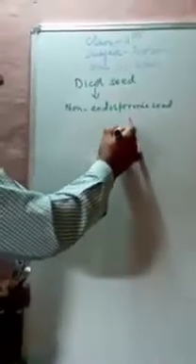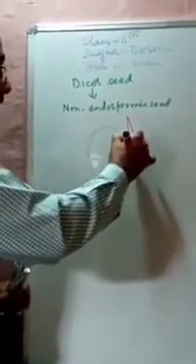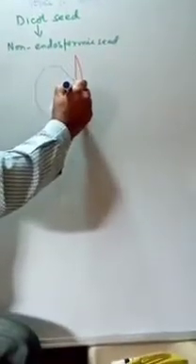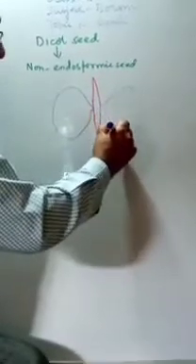Now, what we will see are the two cotyledons, which are somewhat spherical in shape. This is one cotyledon, and this is the other cotyledon.